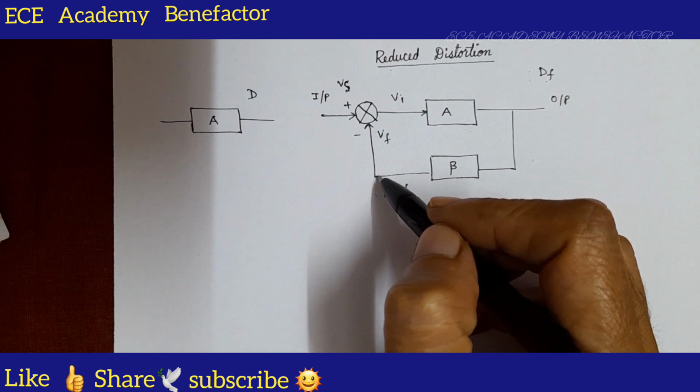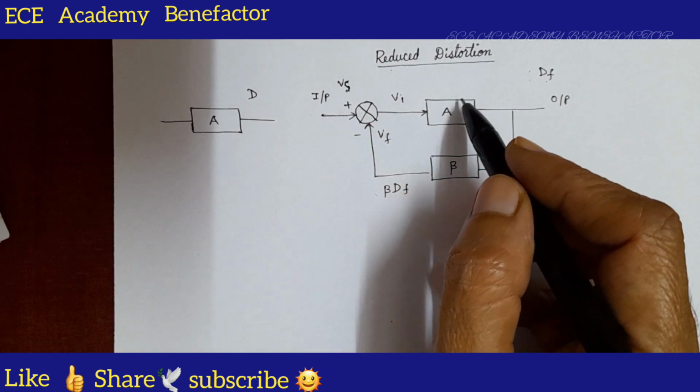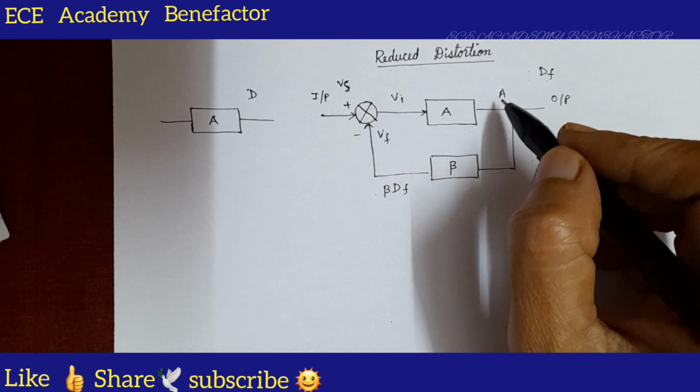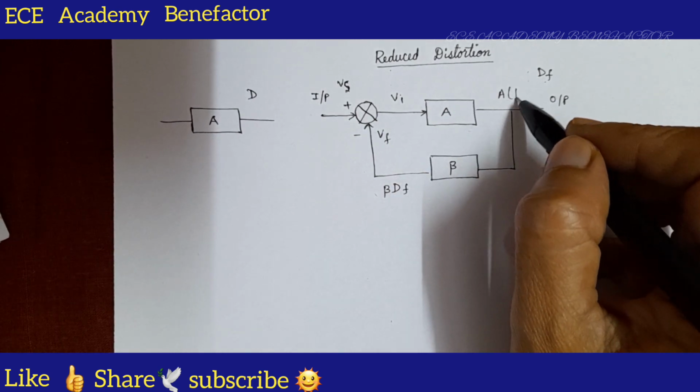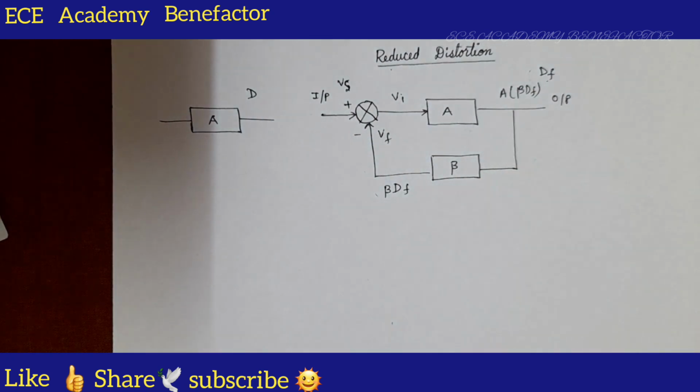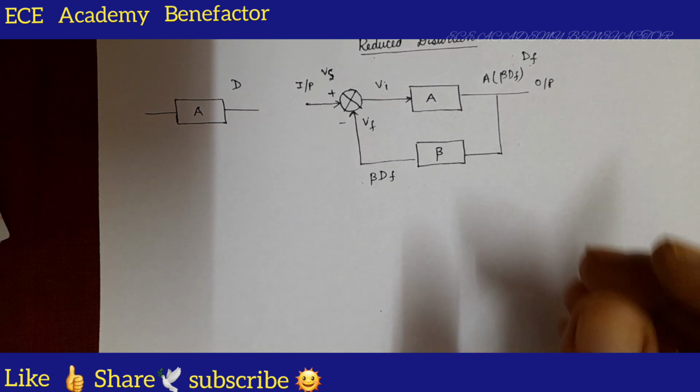So what will happen? Now this signal is amplified by the amplifier A. So what will appear here now? A times beta Df.